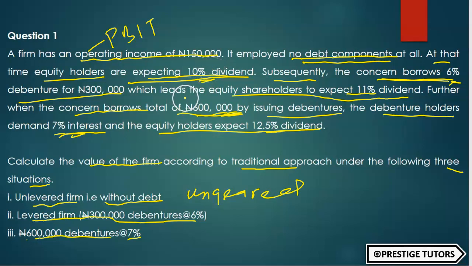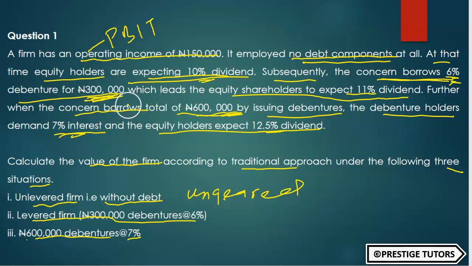Now, what will be the value of the debt when the concern borrows 6% debenture for 300,000? The 300,000 will be the value of the debt. How did you get that? At the point when you are taking up the debt, you already know how much you are taking and at what interest rates. So there's no hidden value.